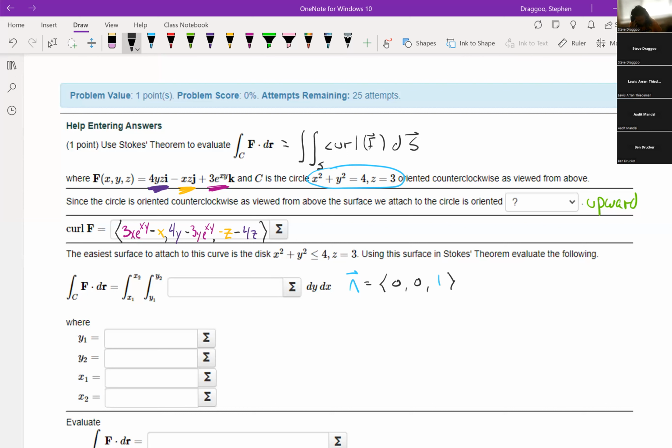But another equally valid way of getting there, we could have done our z partial x and z partial y. But again, z is equal to 3, so both of those partial derivatives are 0. So it's just 0, 0, 1. And again, we want this thing to be oriented upward, so we'll be taking positive 1 instead of negative 1 for the z component.